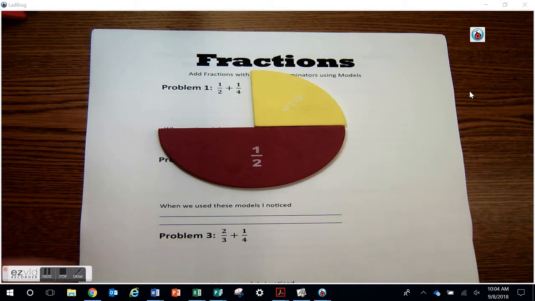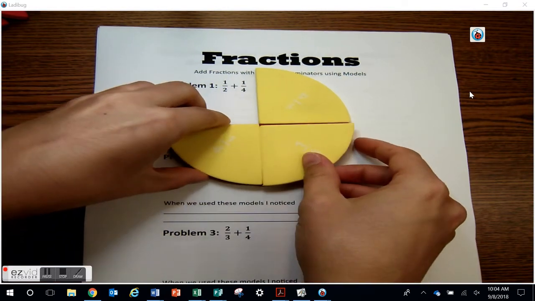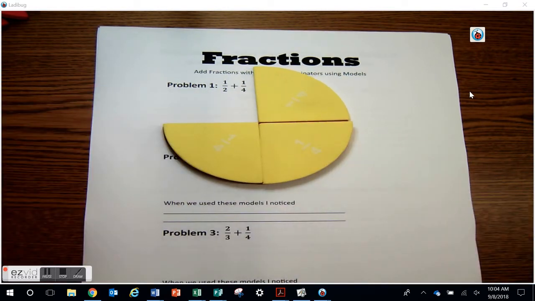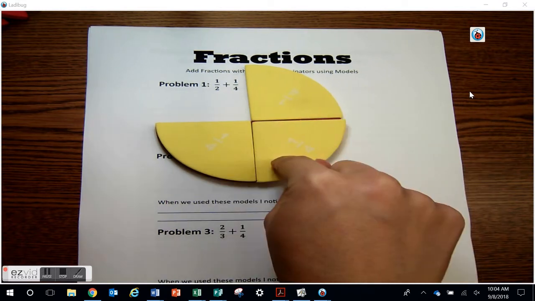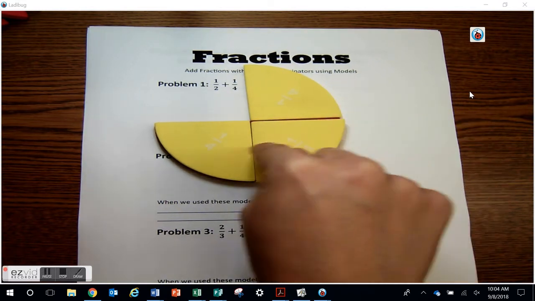Well, I could replace one of the pieces with some other pieces. So I could replace 1/2 with 1/4 pieces, which is 2/4, and now I have 1, 2, 3/4.